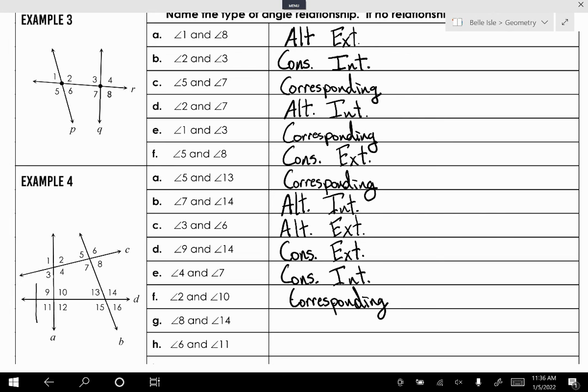Determining interior or exterior just depends on what other angle you need to look at when we're trying to make a pair. Guys, a second, please.